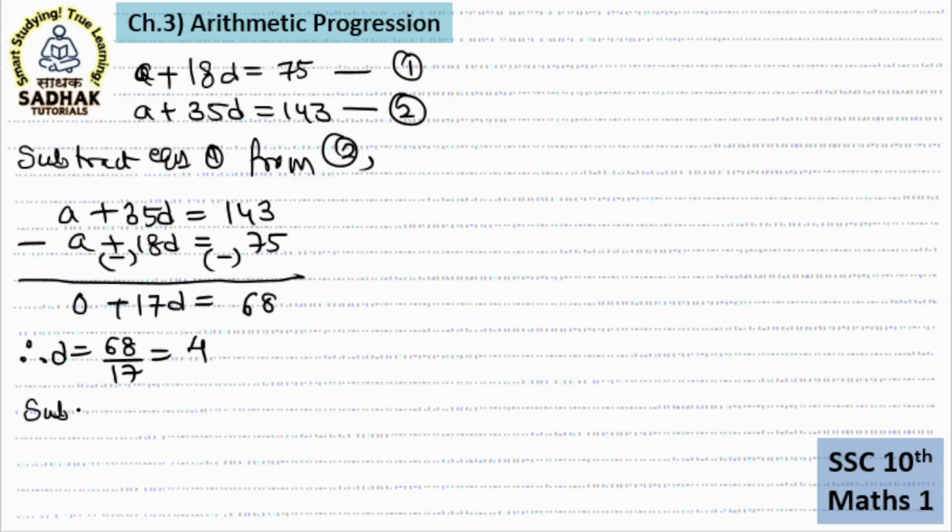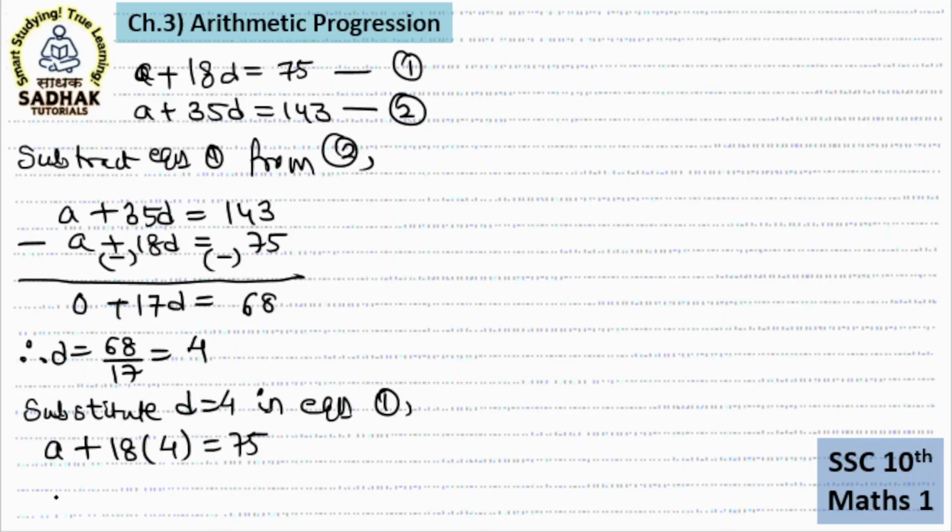Now let us substitute D is equal to 4 in equation 1. So what is our equation 1? A plus 18D. So A plus 18, now D is 4, so multiplied by 4 is equal to 75.